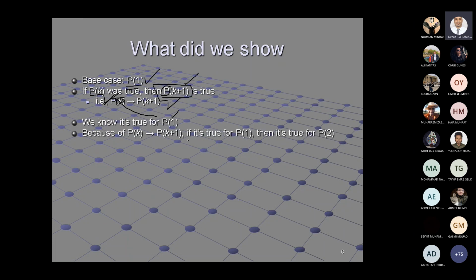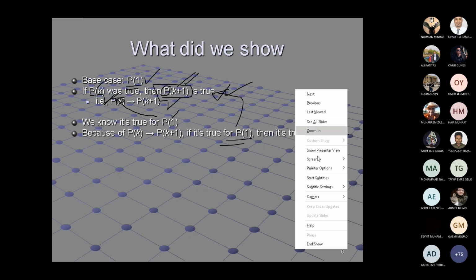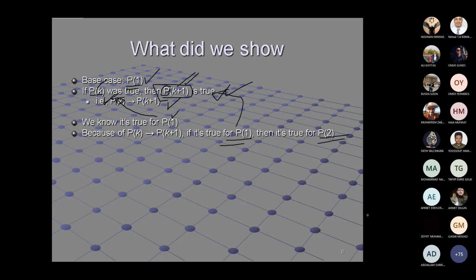And we show that if it's true for p1, it's true for p2. Yes or not? We show it. We show this one, that if it's true for k, it's true for k plus 1. So, we prove this one, and we have the original case.